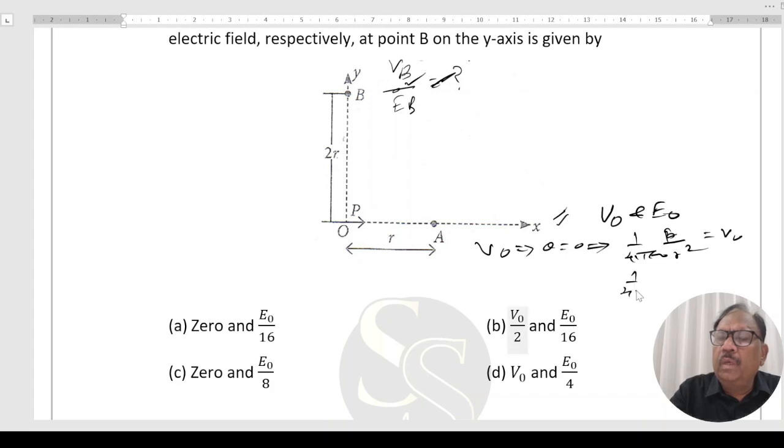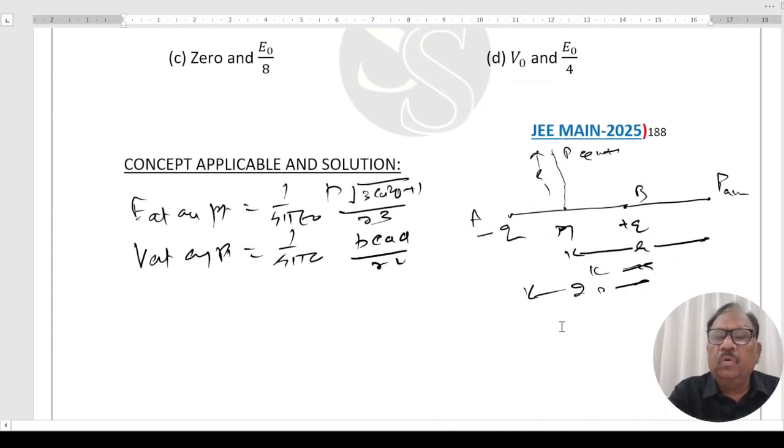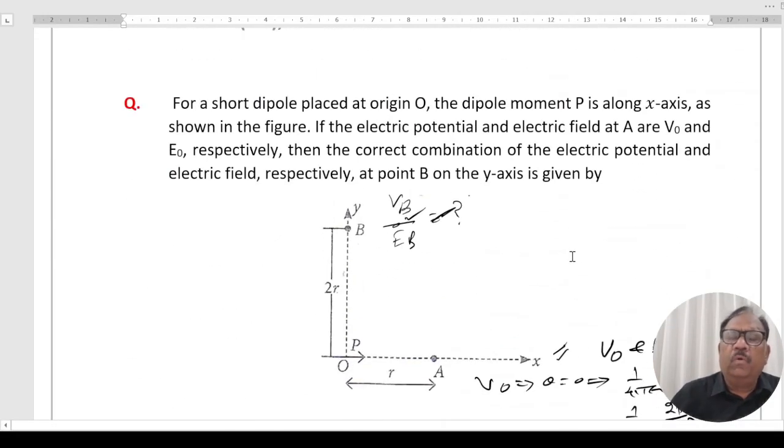And 1 over 4 pi epsilon naught, this comes out to be 2P upon R cube, if you put theta equal to 0, cos 0 is 1, so 2P upon R cube. We have to find at this point.